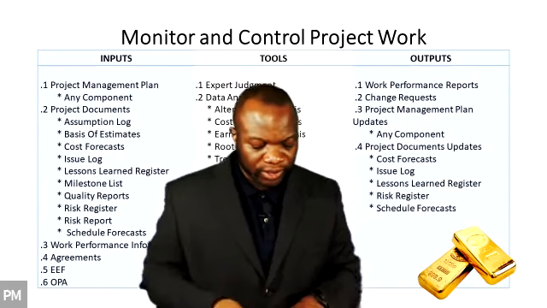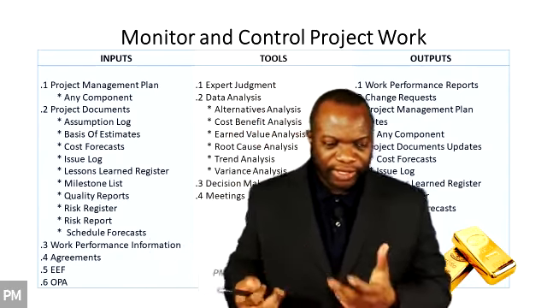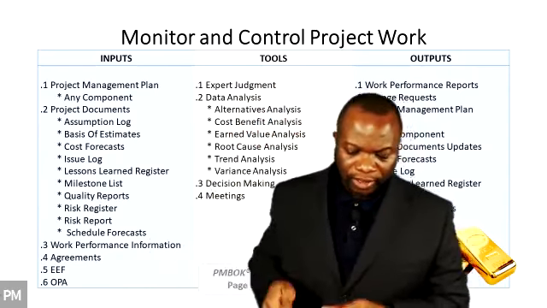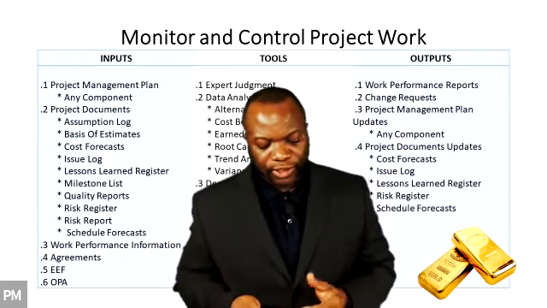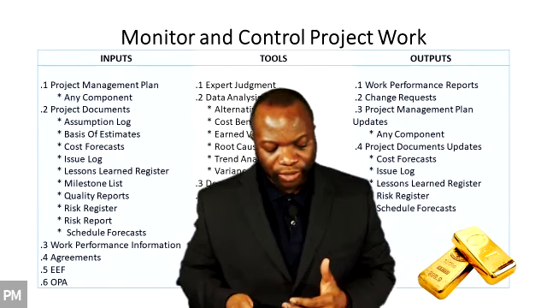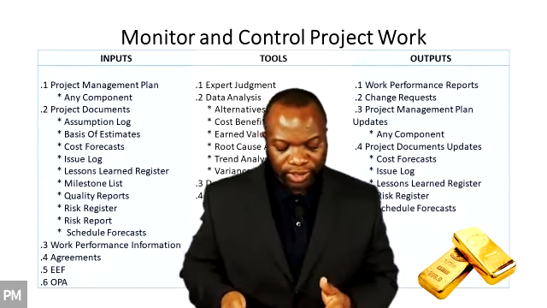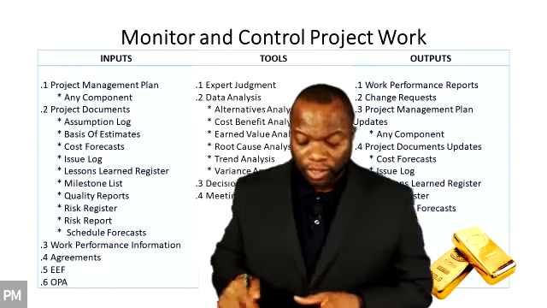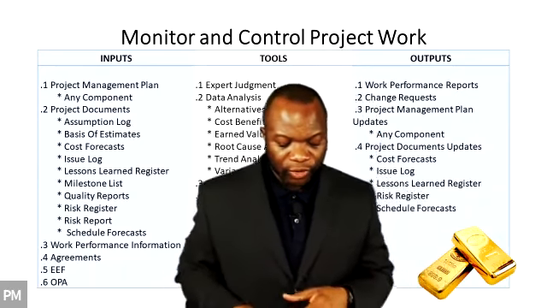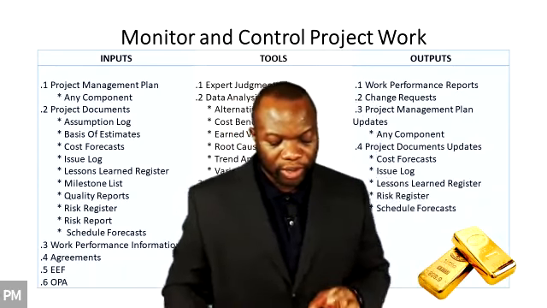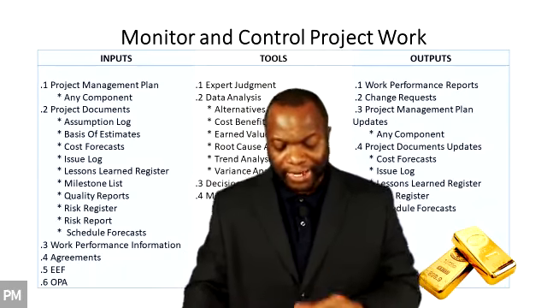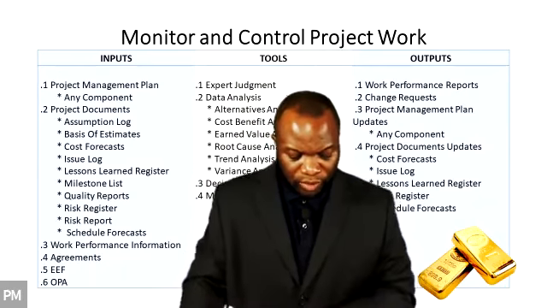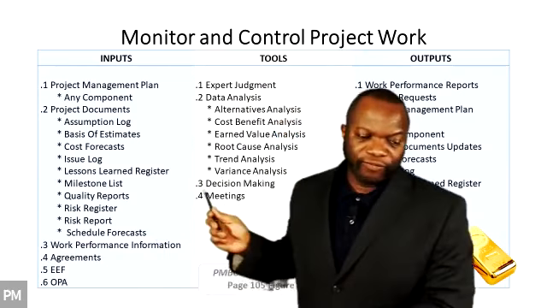Now we are onto decision making. So in this instance, decision making, it says on page 111, a decision making technique that can be used includes, but is not limited to, voting. So this is talking about voting to decide upon maybe a course of action or a perceived understanding of something. And last but not least, we have meetings.